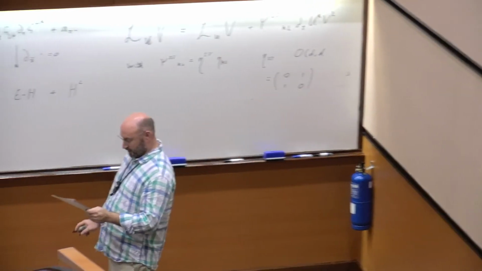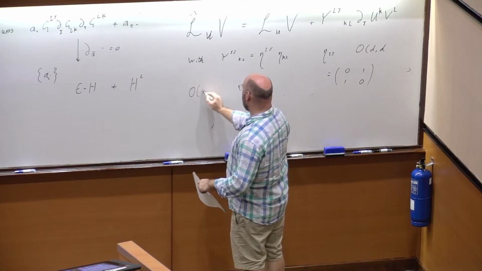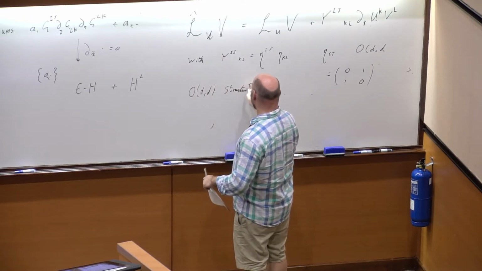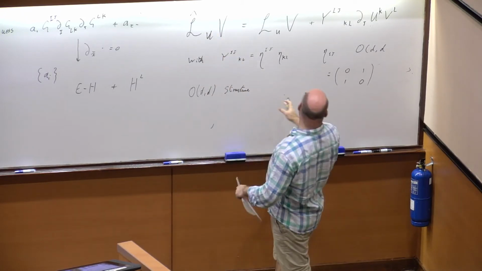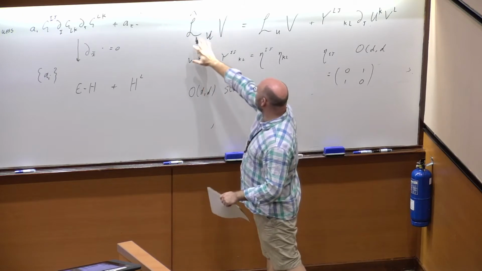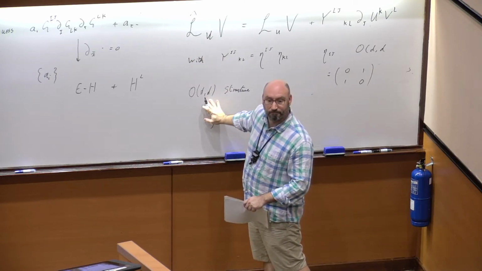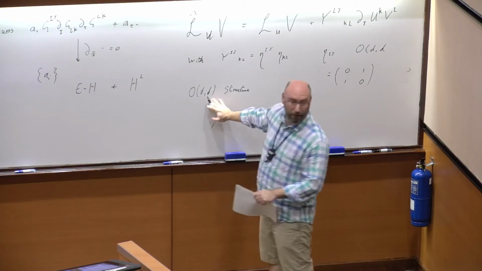Okay? So in other words, we now have a space with an O(D,D) structure, and we insist our local transformations, so what's not obvious, but you can show, this generalized Lie derivative preserves the O(D,D) structure. So it's not ordinary Riemannian geometry, I've got geometry that preserves an O(D,D) structure.